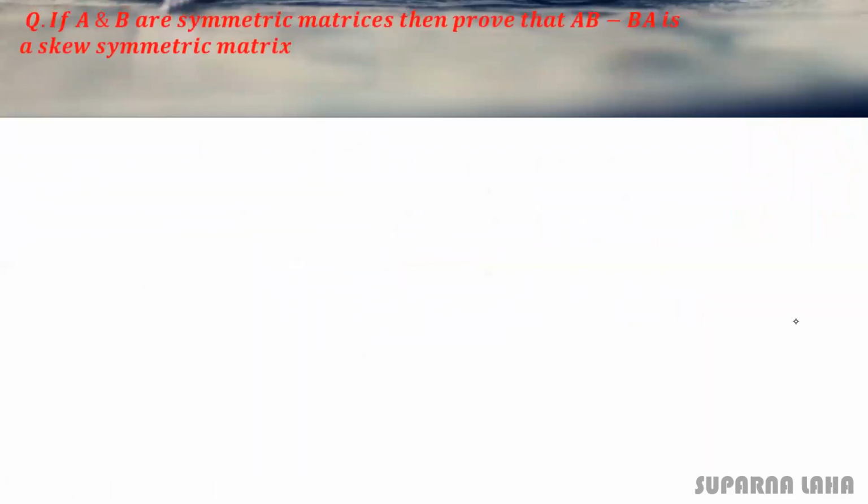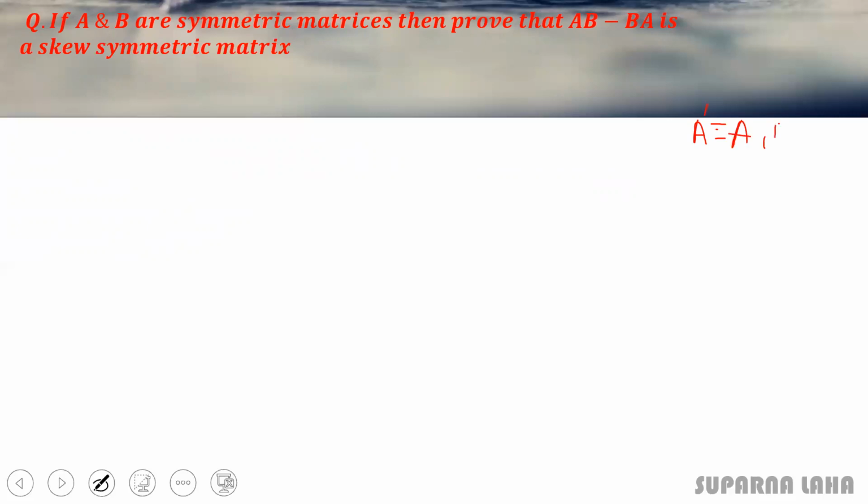What is given here is that if A and B are two symmetric matrices, then prove that AB minus BA is a skew symmetric matrix. A and B are symmetric matrices, that means A prime is equal to A, that means A transpose is equal to A and B transpose is equal to B, since they are symmetric.